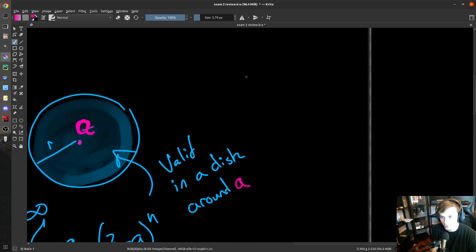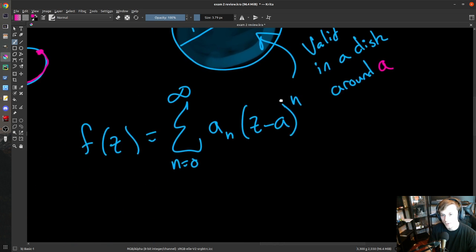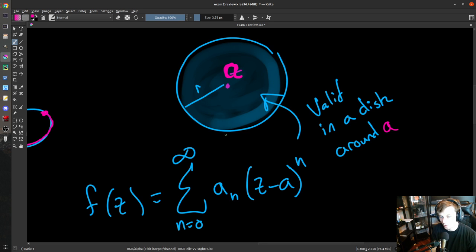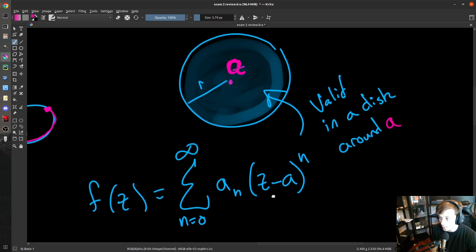For example, if you took 1 over z and you expanded it around, say, the complex number 1 plus i, you could only go so far before that disk would enclose 0, and that wouldn't be okay. So you could only go right up to that edge. There was a biggest radius. Okay, so there's some maximal r such that a given analytic function has a convergent power series representation on a disk of that radius about that point.